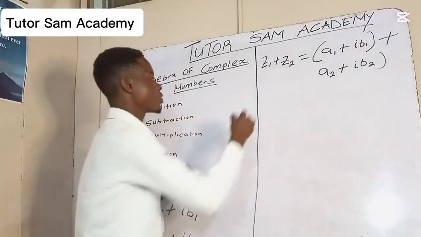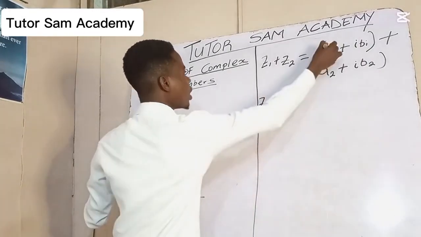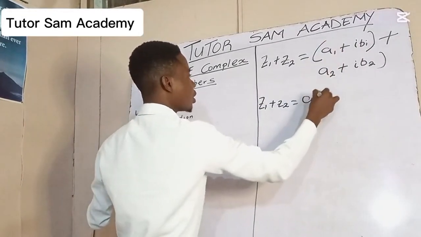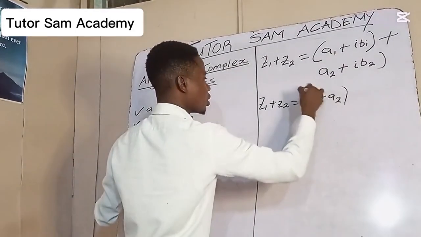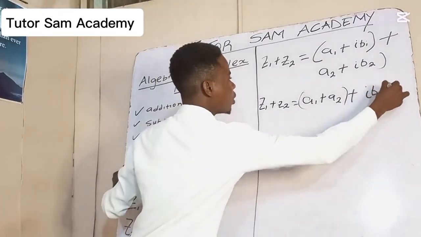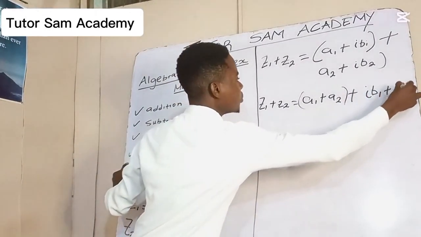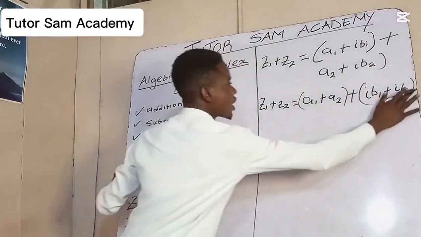Now let's add. Z1 plus Z2 will be equal to A1 plus A2 plus IB1 plus IB2. Are we together? This is IB2.